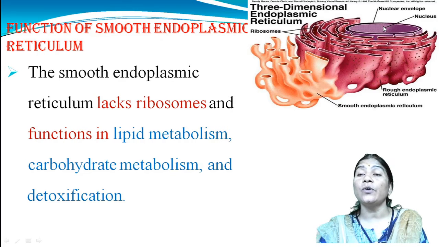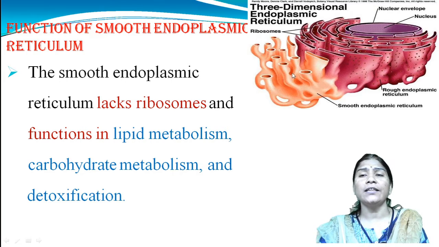This one is the nucleus, and here from the outer envelope of the nuclear envelope to the inner membrane of the plasma membrane, there is located the network-like structure that we call the endoplasmic reticulum.